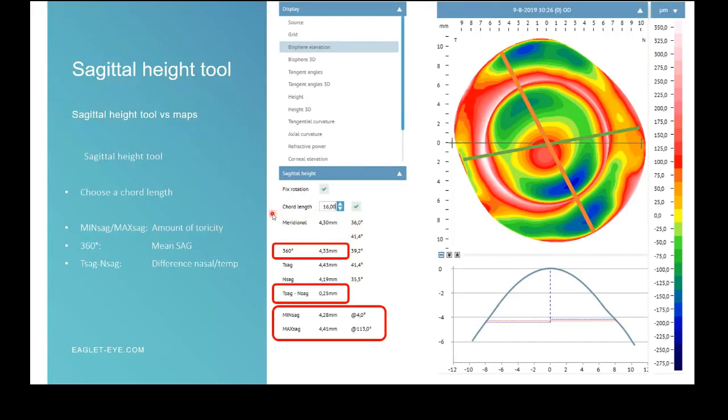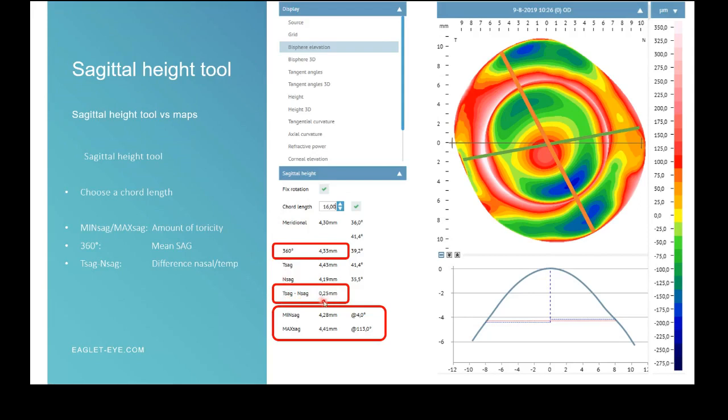At the moment that you do that, we provide a lot of data. I will focus on these three numbers. So the 360, which is the mean sagittal height of the eye over a 16 millimeter chord. The T-sec and N-sec is the difference between the nasal and the temporal side.